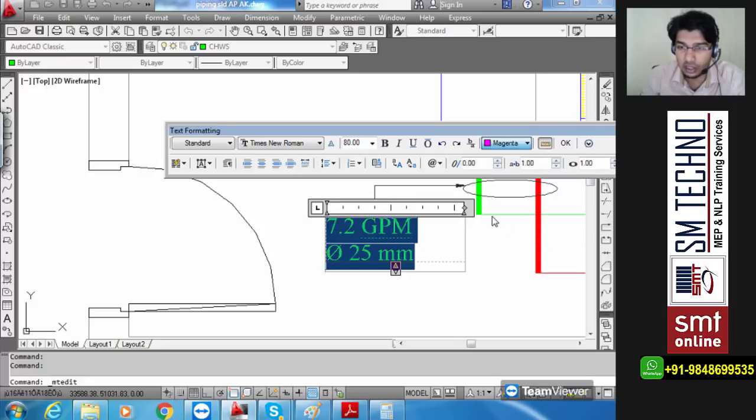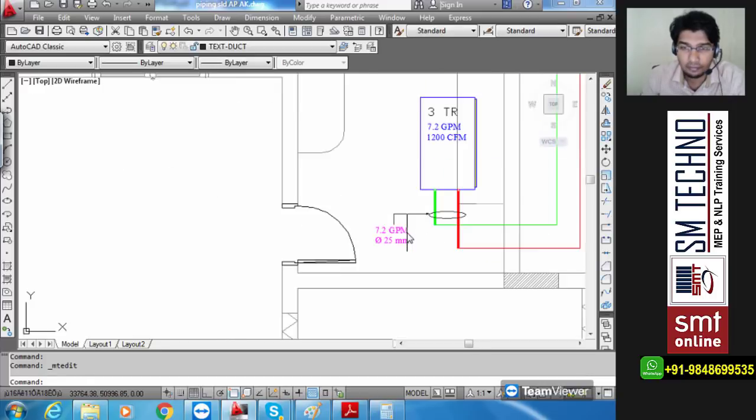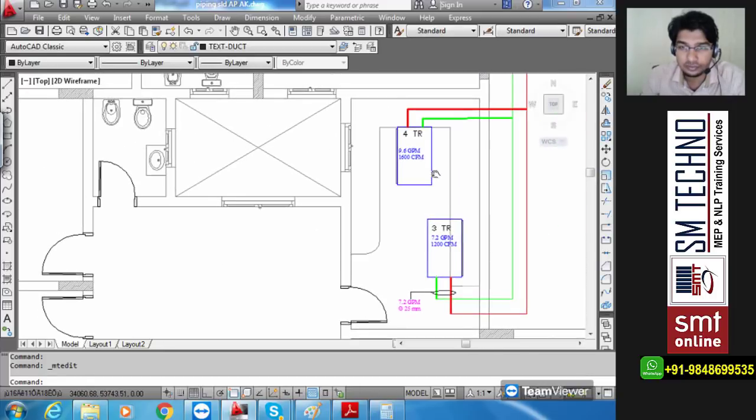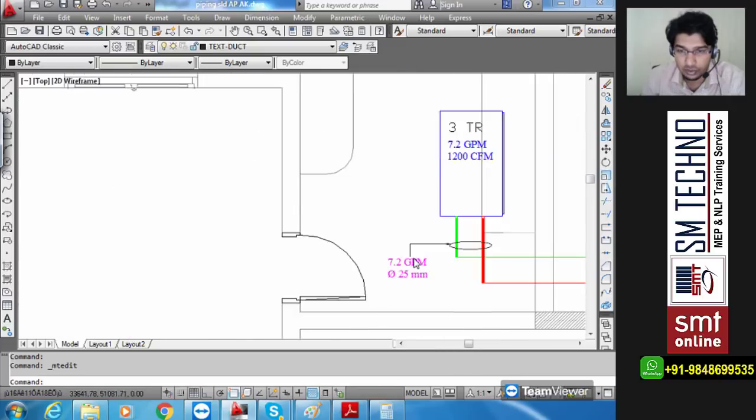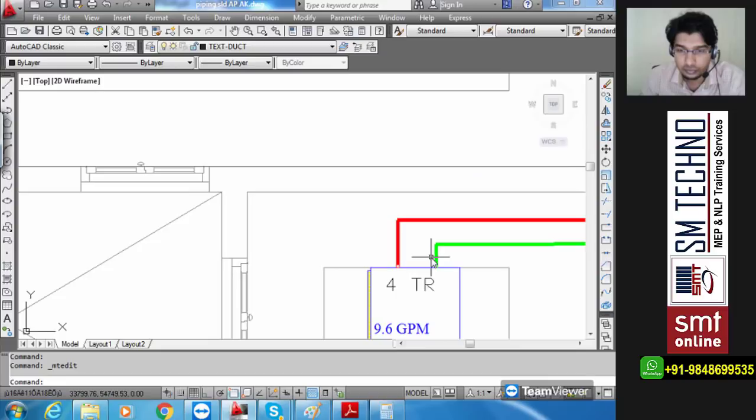With a different coloration. I'm going to make it with magenta. Okay. Next, 4 TR, 9.6 GPM, pipe size 32 mm.